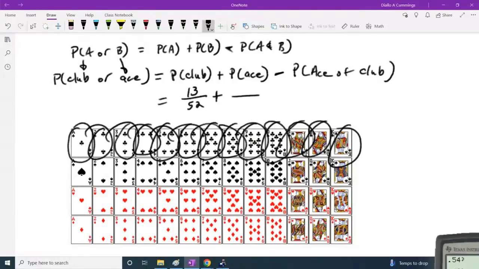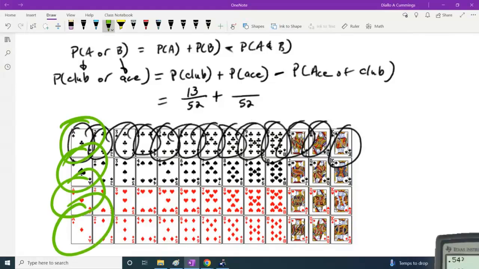Plus, what's the probability of selecting an ace? There's 52 cards to choose from, and out of those 52 cards, we have 1, 2, 3, 4 aces. So notice there is an overlap. We do have one ace of club, right?